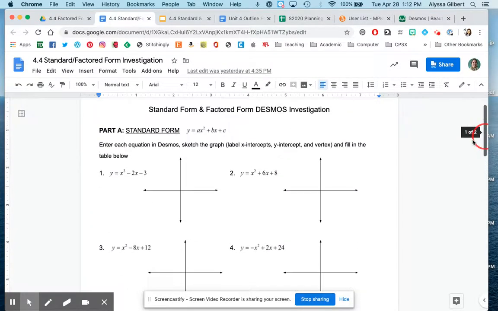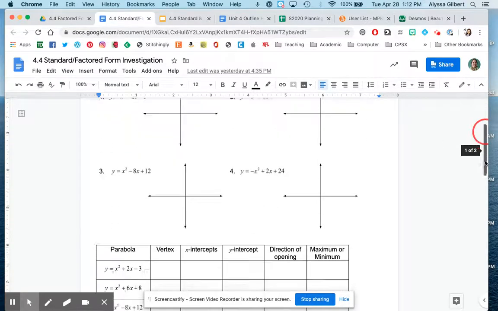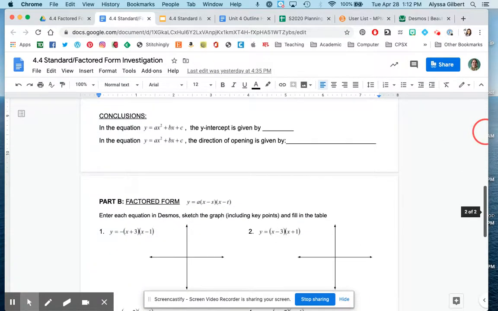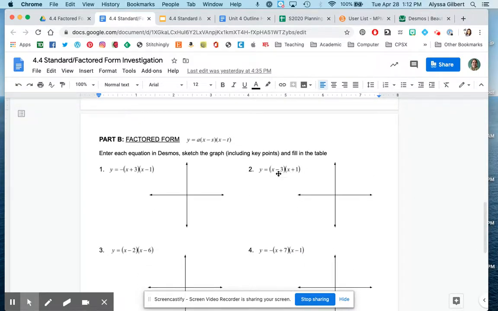And so on the first page, all of the equations are in standard form. Something x squared plus something x plus something else. The second page, the equations are in factored form. So you can see they're in those two binomial forms.